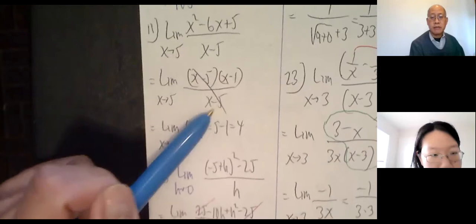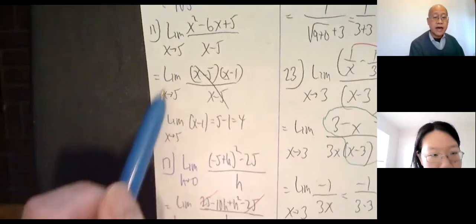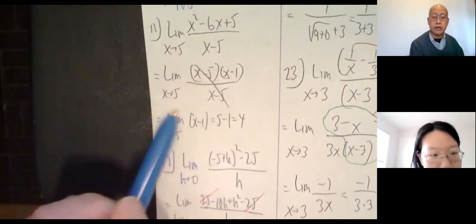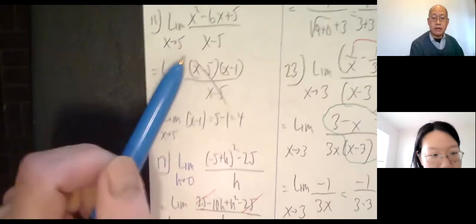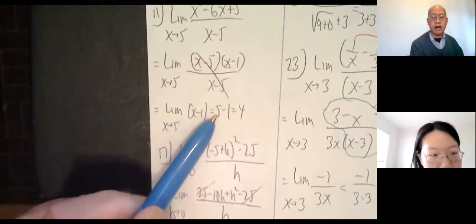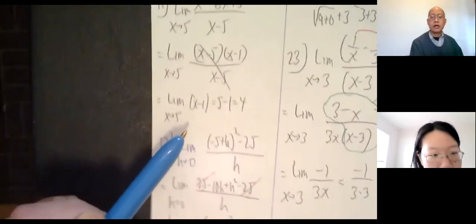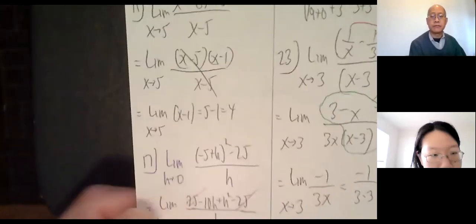After you cancel this out. By the way, this is allowed if x is not equal to 5. x is definitely not equal to 5 by the rules of the game. x is near 5, but not equal to 5. So I'm allowed to make that cancellation. Now the limit as x approaches 5 of x minus 1. Just plug in 5. 5 minus 1 is 4. For almost all the rest of these, there's some algebra trick that you want to do.